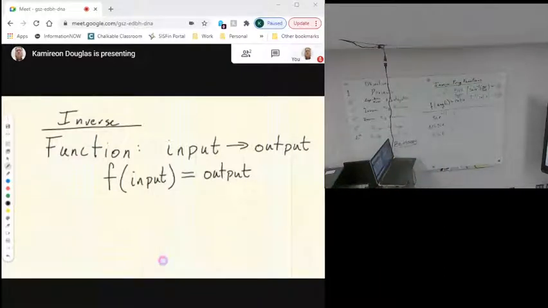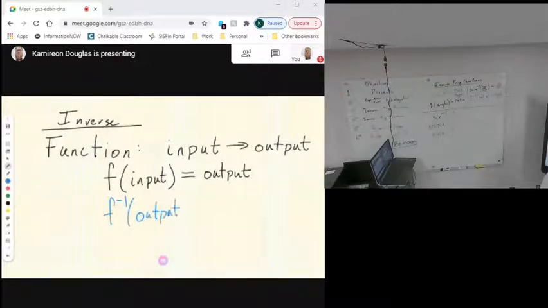An inverse function is designed with this system in mind. Now, you may have seen this button in the calculator, if it's been a little while since you took an algebra class. f inverse. This is not f to the negative first power, it is f inverse. f inverse is designed specifically to do the opposite order of steps.